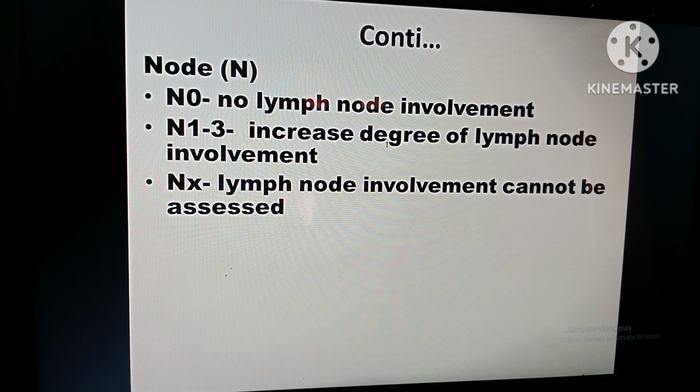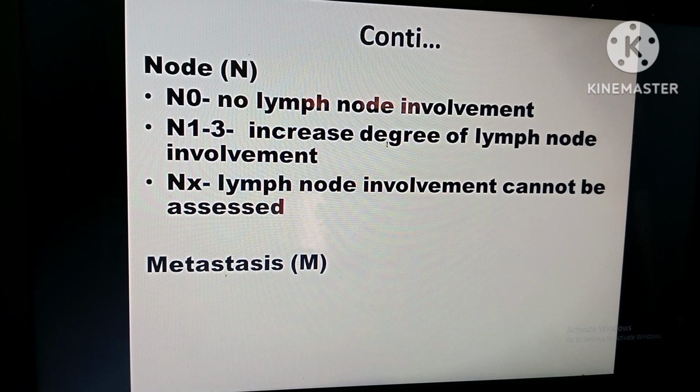N1 to 3 means increasing degree of lymph node involvement, the number given based on how much it has extended. If the doctor writes NX, it means lymph node involvement cannot be assessed, as almost all the lymph nodes are involved, so it is difficult to assess. In such a condition, it indicates the client is already in the third or fourth stage.